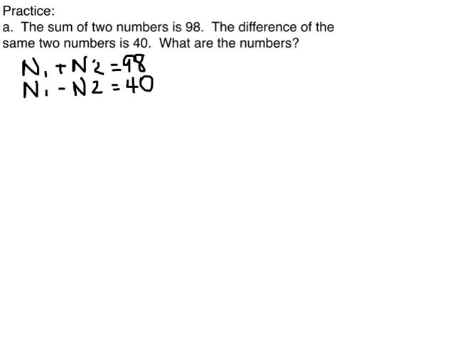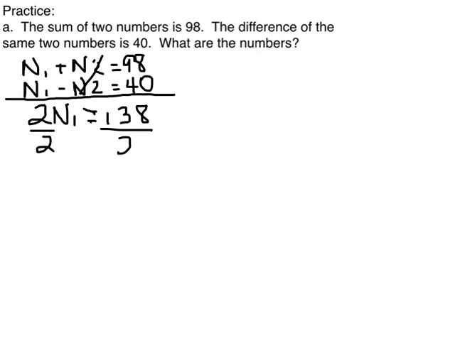And this will be very easy to use elimination because we already have a positive and a negative here. So we eliminate the number 2 and we have 2 n1 equals 138. If we divide both sides by 2, we get that the first number is 69.